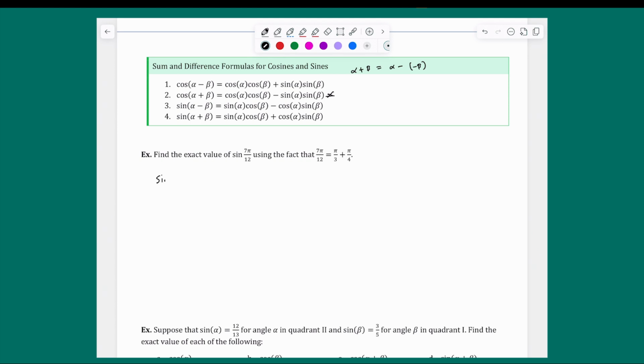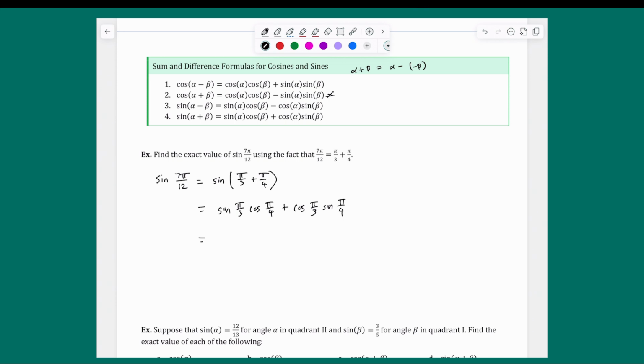We have sine of 7 pi over 12, which is equal to sine of the sum of pi over 3 plus pi over 4. Using that trig identity, we have sine of the first angle times cosine of the second angle plus cosine of the first angle times sine of the second angle.